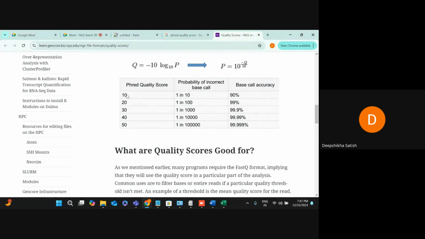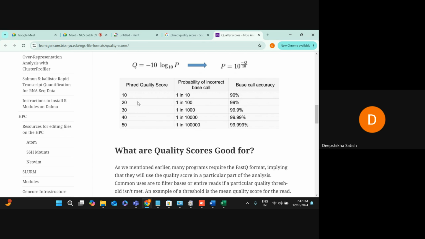So what does a quality score of 10 indicate? Out of 10 times the base was called, one was incorrect. So that means 9 times guanine was read and one time it showed adenine. That is 1 in 10, and the base call accuracy here is 90%.